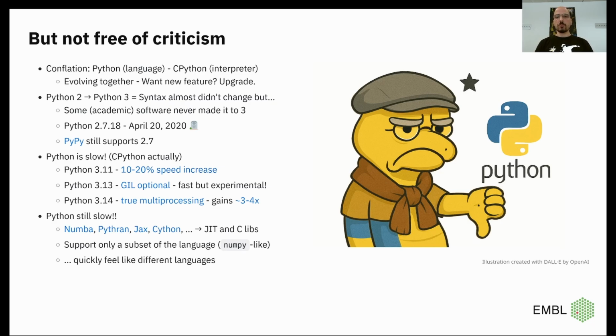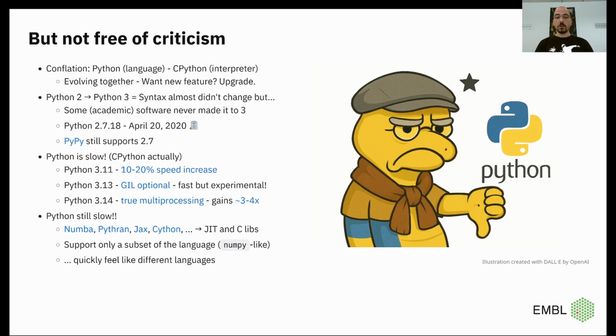You might still say, well, even after all this, it's still slow. So if your code is particularly heavy on numerics, you might want to consider tools such as Numba, Python, JAX, or even Cython, which allows you to connect with C more directly. These are just-in-time compilers or C interfaces that allow you to get closer to machine code, and of course get that gain with obvious trade-offs of code complexity.